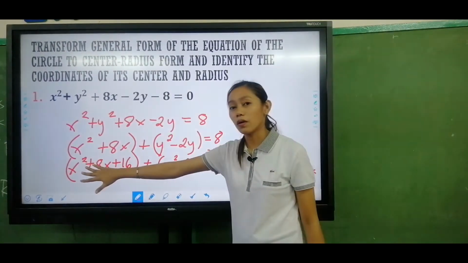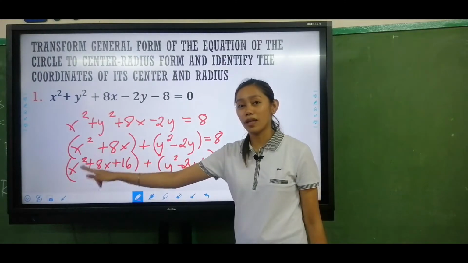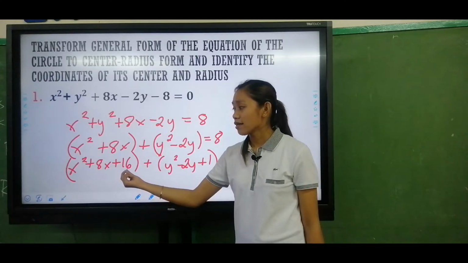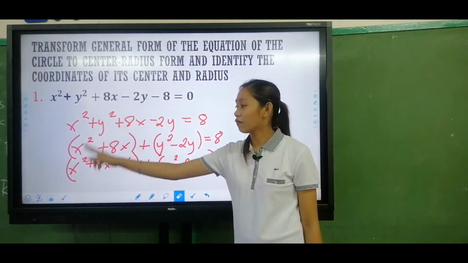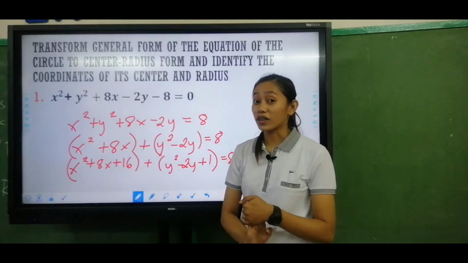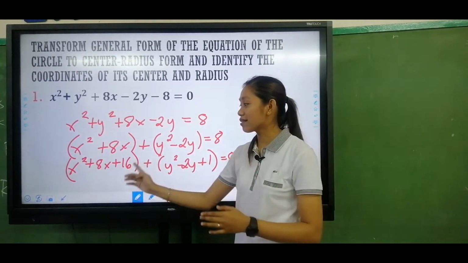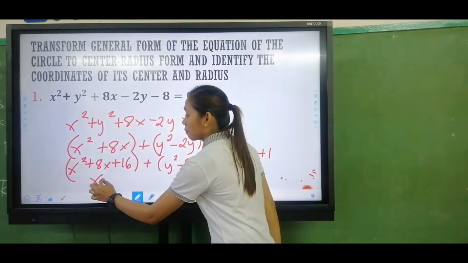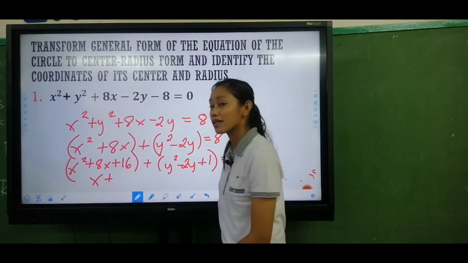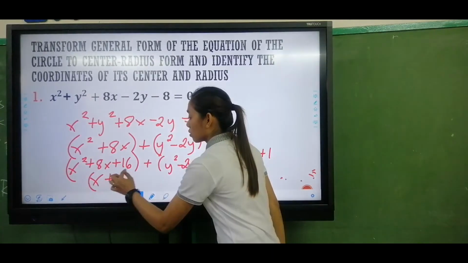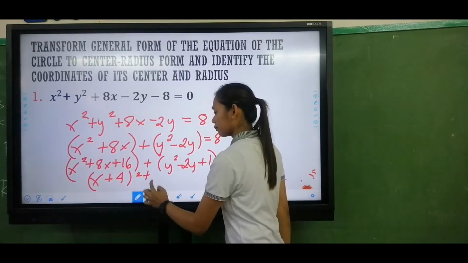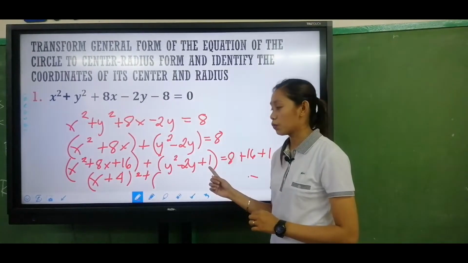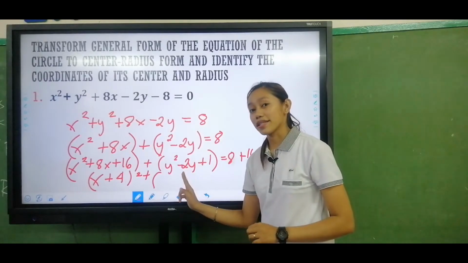Then, here it is already a perfect square trinomial. The number that when you multiply is 16, and when you add is 8, the answer is 4. Because 4 times 4 is 16, and 4 plus 4 is 8. So, this is x plus 4 squared, because both are positive, plus the number that when multiplied by itself is 1 and when added is negative 2.